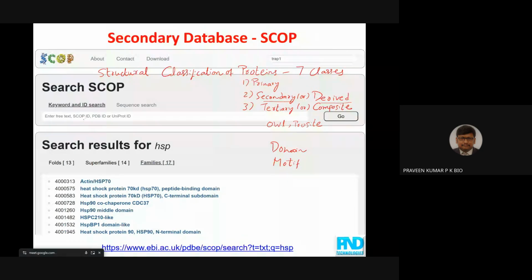Protein domains can be searched through SCOP ID, PDB ID, or also UniProt ID. These are the key identifiers you have to provide to search for the SCOP results.